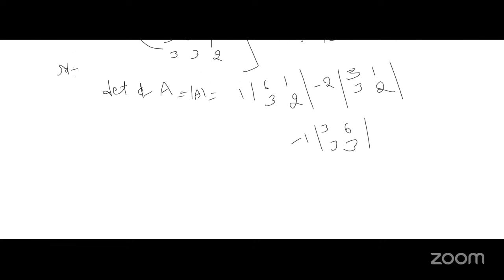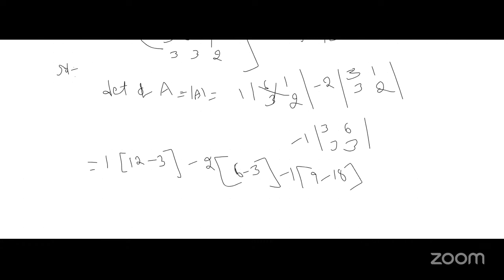From there, 1 into the cross multiplication, 12 minus 3, and -2 into 6 minus 3, and this one -1 into 9 minus 18.